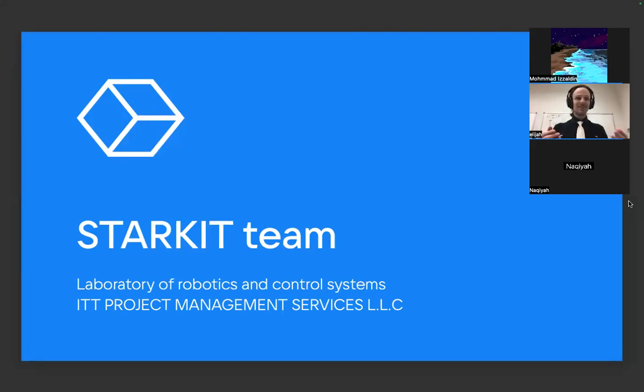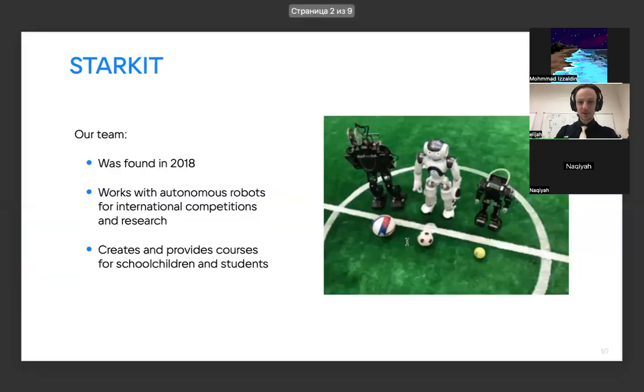Since we have this format of discussion, you can interrupt me at any point. I will be glad to hear your questions. Okay, thank you. So my team is Starkit from Moscow Institute of Physics and Technology, and we are doing robotic football from 2018. Our team was founded by a guy who finished our university a long time ago, 1988.